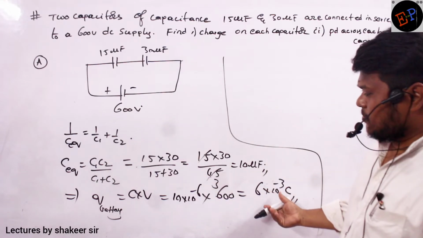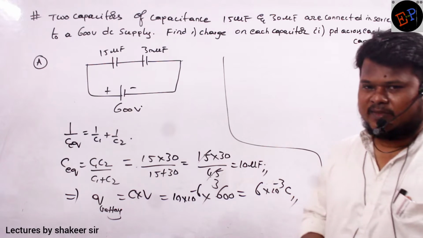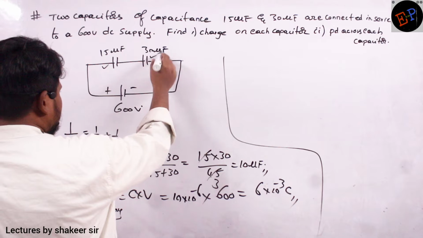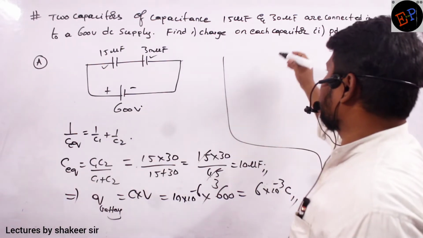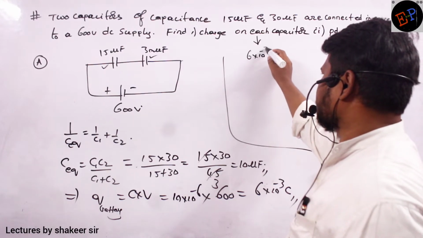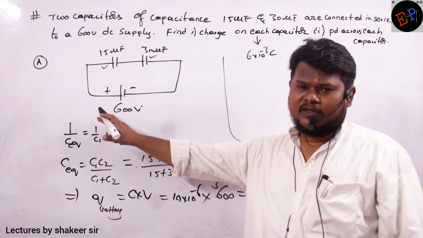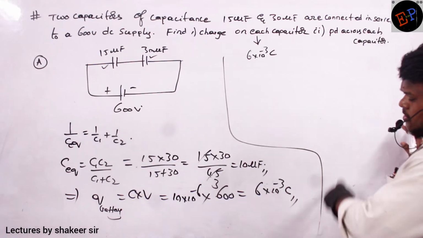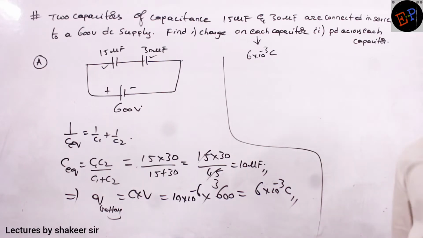So the total charge supplied by the battery will deposit on the first plate only. Same amount of charge will be present on the first capacitor and on the other capacitors also. So the charge on each capacitor is 6 into 10 power minus 3 coulomb. Already we discussed, in series connection the battery supplies charge only to the first plate of the first capacitor. Remaining all the charges are induced charges.